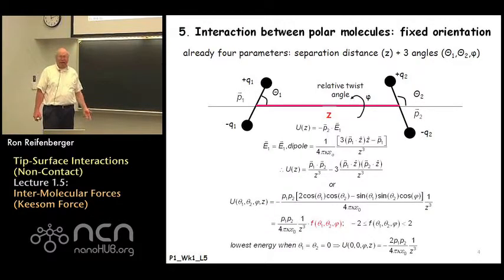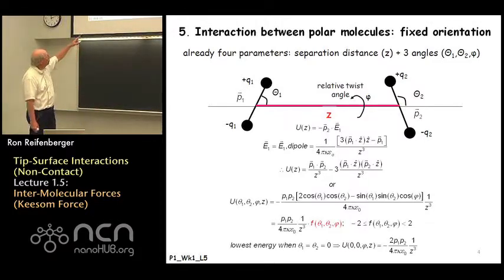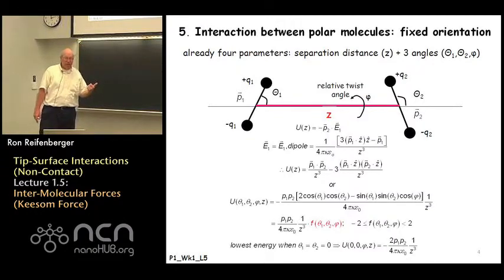And when you work out all that arithmetic, you end up with this very complicated expression that has functions of cosines and sines in it to take into account the orientations of these different angles. And most importantly, you acquire a 1 over z cubed dependence. So the way I like to look at this is that complicated expression that involves all the sines and cosines can be represented by some function, f, which is a function of theta 1, theta 2, and phi.